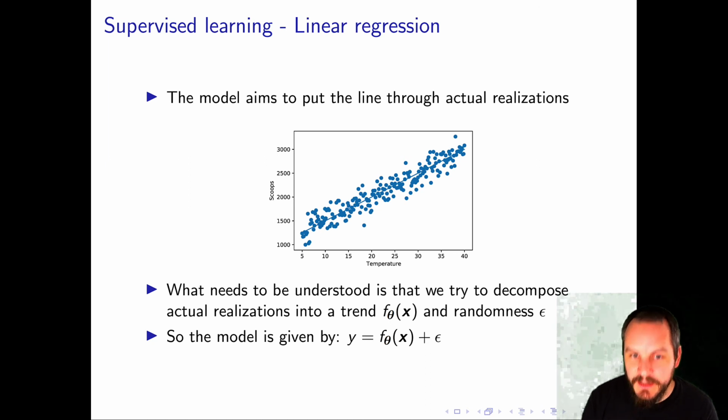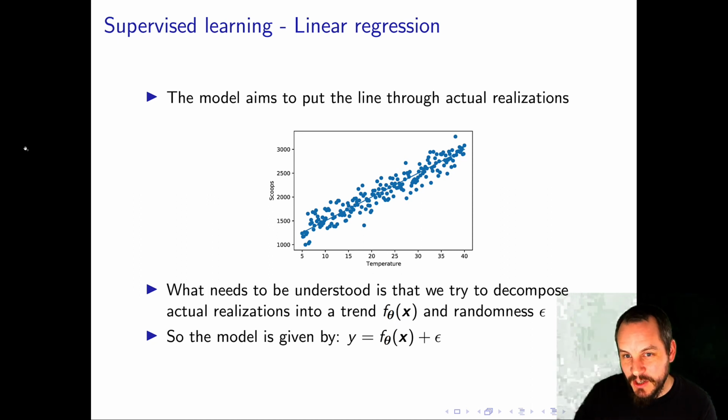An unconditional expected value here would be probably something around here. So on average, no matter the temperature, we would assume that probably something like a little bit more than 2,000 scoops are going to be sold, because this is over all conditions, including all temperatures that we observed, the average for all these data points. But once we differentiate and include the dimension of temperature, then we have to think in conditional expectations.